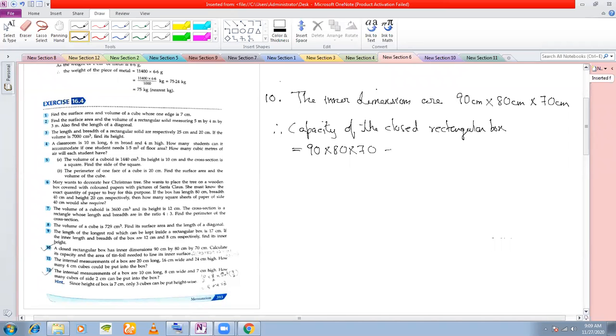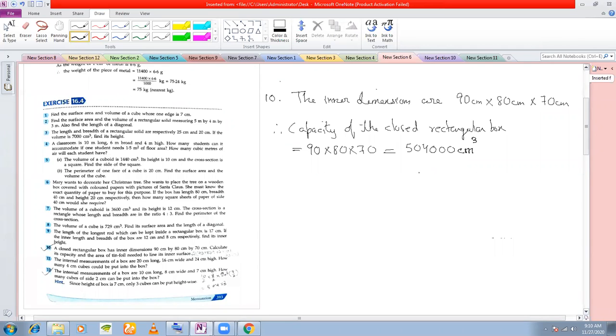So if you multiply all this, you'll get 504,000. Let's not give all this comma and all. Here it's 5,04,000. What is the unit here? Centimeter. And the unit of volume is centimeter cube. So the capacity is 5,04,000 centimeter cube.